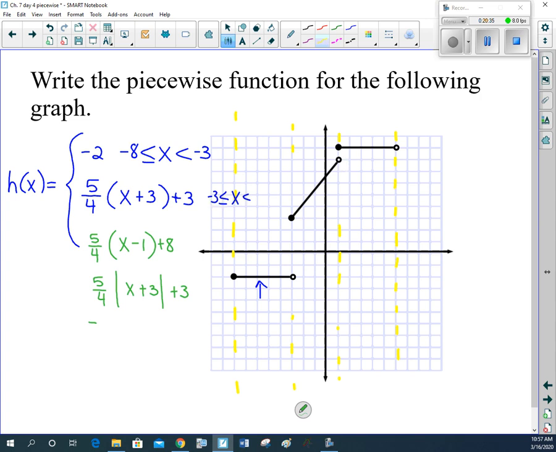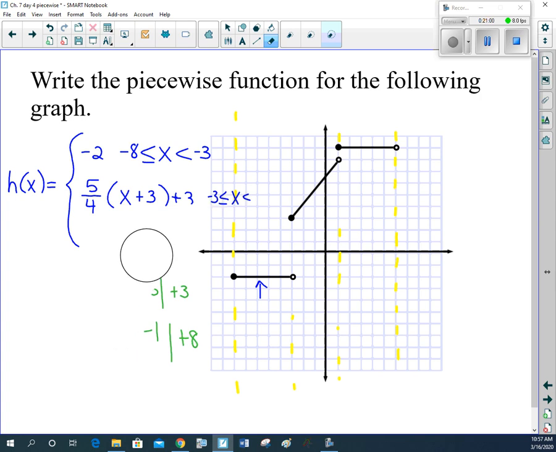So you could have done negative 5/4 absolute value, picking this point right here as your vertex and using the left-hand side, so x minus 1 plus 8. So for that middle piece, you could have come up with 4 different scenarios, and they all would have been okay. I'm just going to leave the first one that we had.